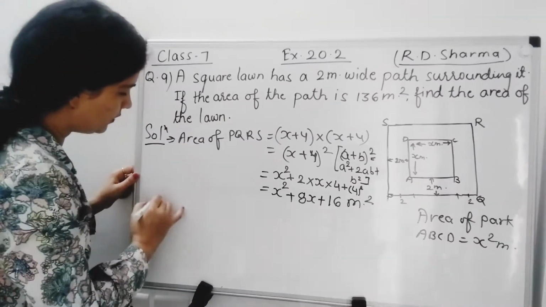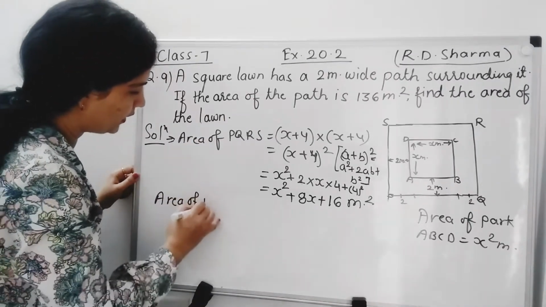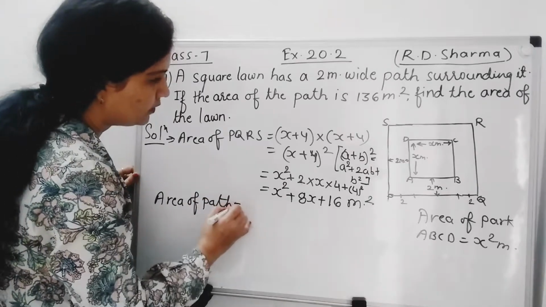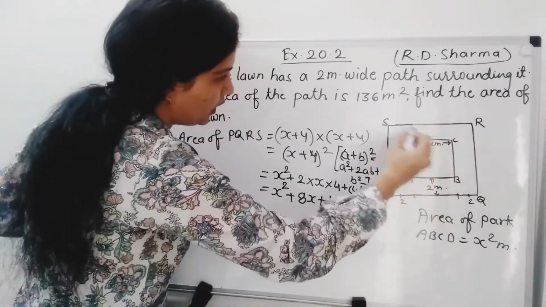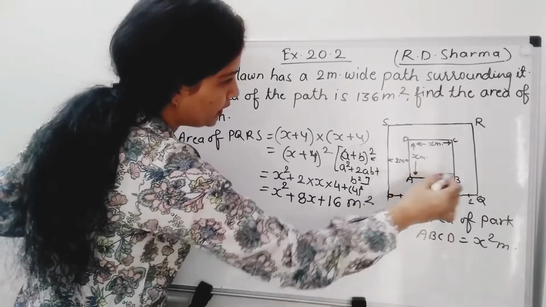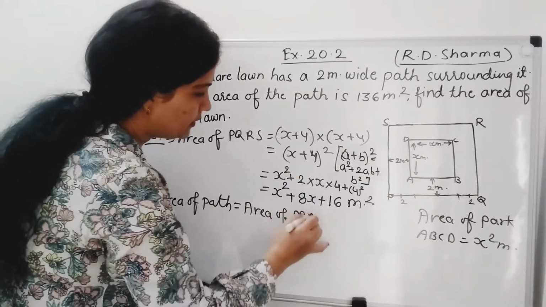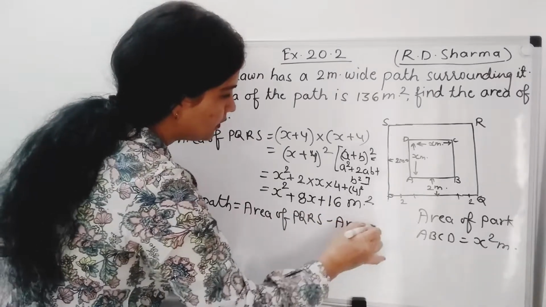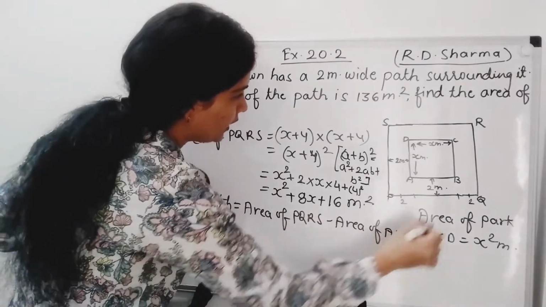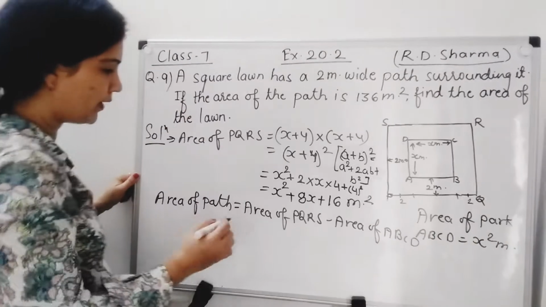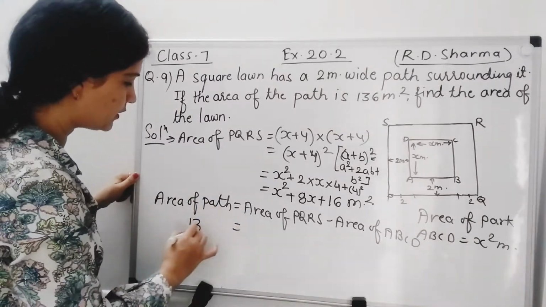As the area of path is given, and we know that the area of path will be area of PQRS minus area of ABCD. Area of ABCD was x square, and here the area of path is given as 136.